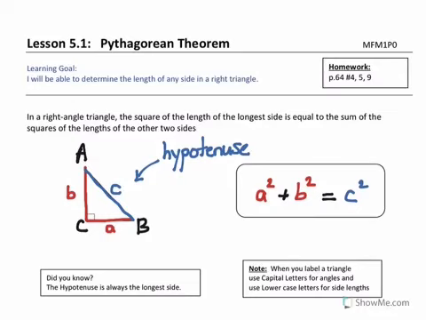The goal for this video is to be able to figure out the length of any side of a right angle triangle. And so here's a triangle, and it's specifically a right angle triangle because it has this square right here. Now that square indicates that between the two red lines there is a 90-degree angle.